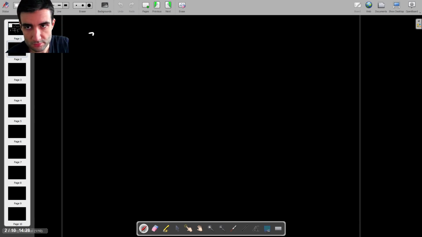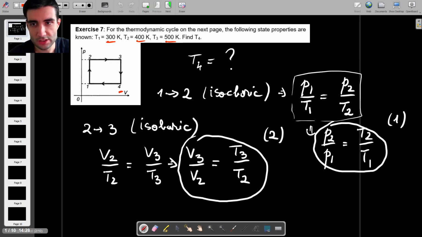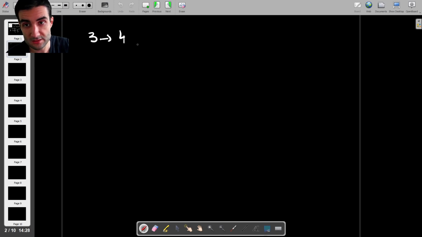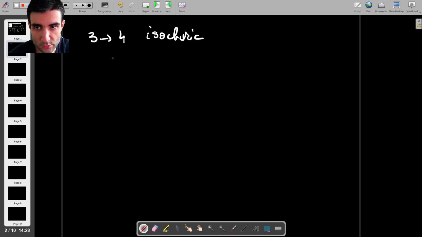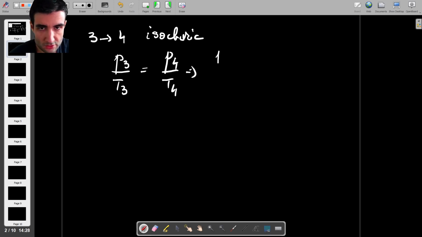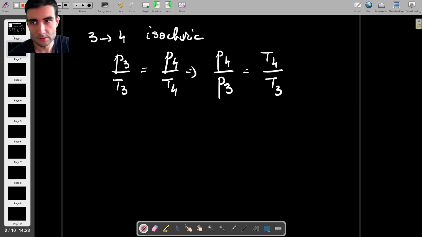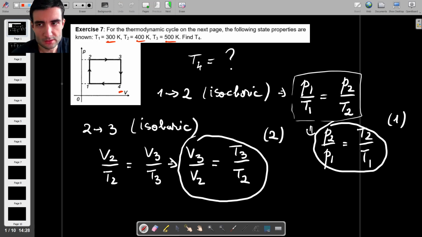And then 3 to 4 is similar to 1 to 2. It's another isochoric process, and like all isochoric processes, we have P3 over T3 is equal to P4 over T4. So we have P4 over P3 equals T4 over T3. Now, if you think about it, P4 is the same as P1, because they're sitting on the same horizontal line.